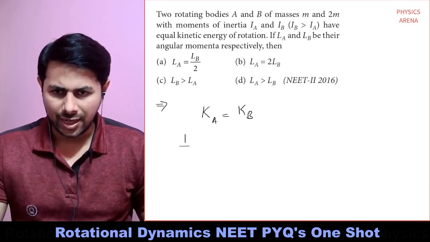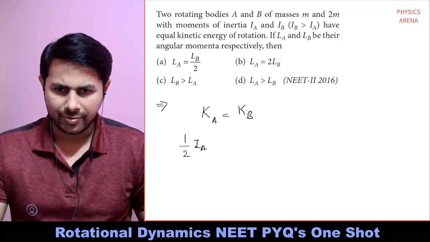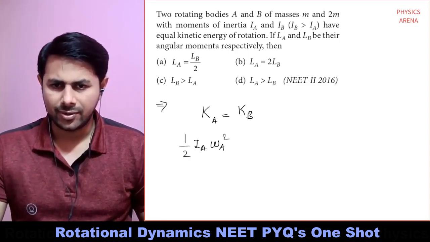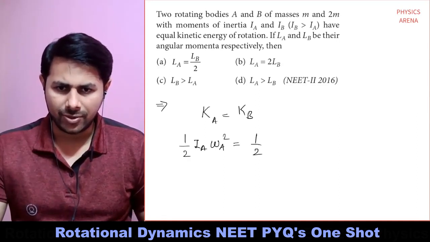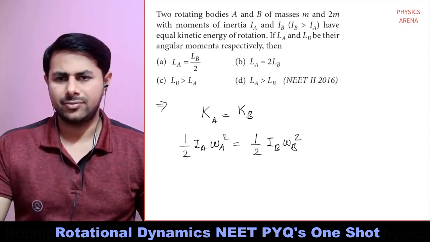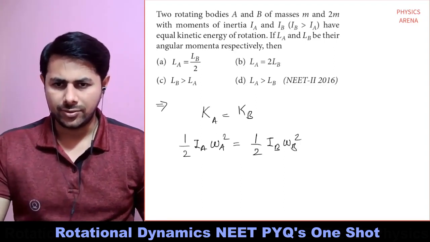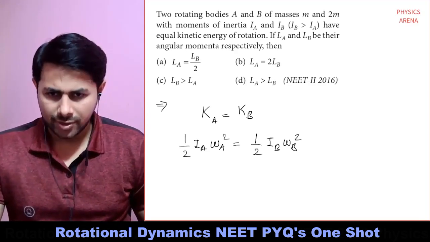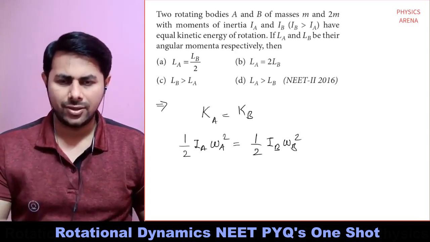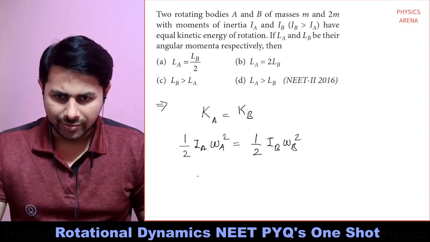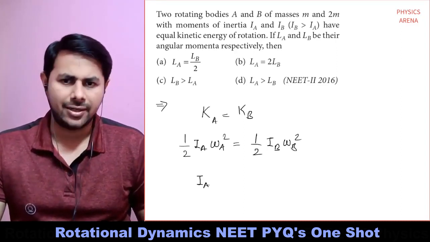So it is half of Ia multiplied by omega A square, equal to half of Ib multiplied by omega B square. Now half and half you can cancel out. Then you can do the same trick that we had done earlier. You can multiply and divide by Ia.